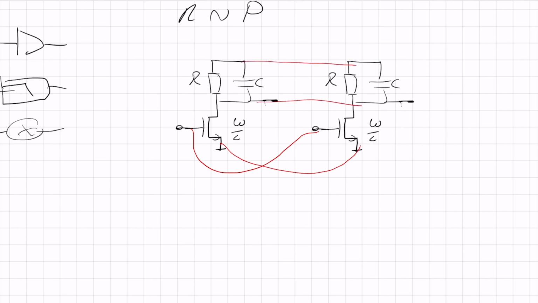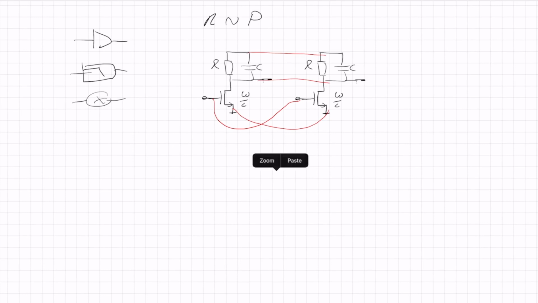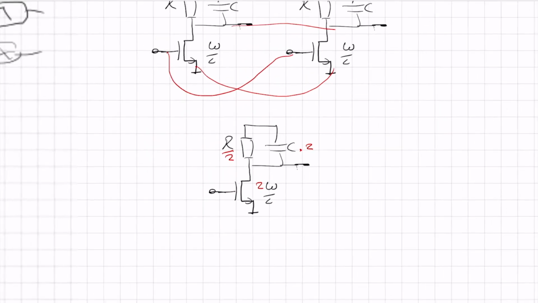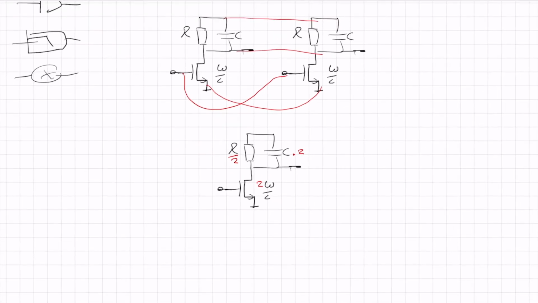What I've made now is in fact exactly the same circuit, but now with 2 times the capacitor, R over 2, and 2 times W over L. And the interesting thing is that compared to the original circuit, the gain is the same, the bandwidth is RC, but here it's also RC because R smaller, C bigger, and the gain is GM-R.